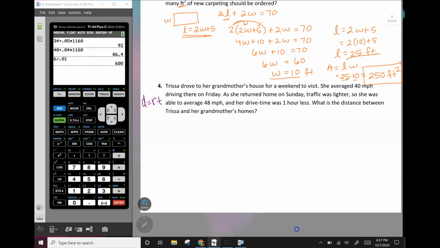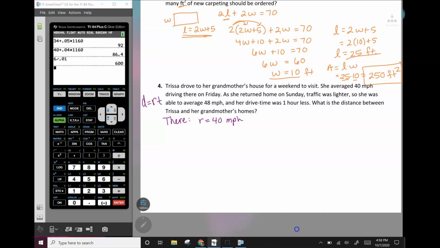So I just need to write out this information because there's a lot of information in this problem. On the way there, she averaged 40 miles per hour. So that's her rate. R equals 40 mph.